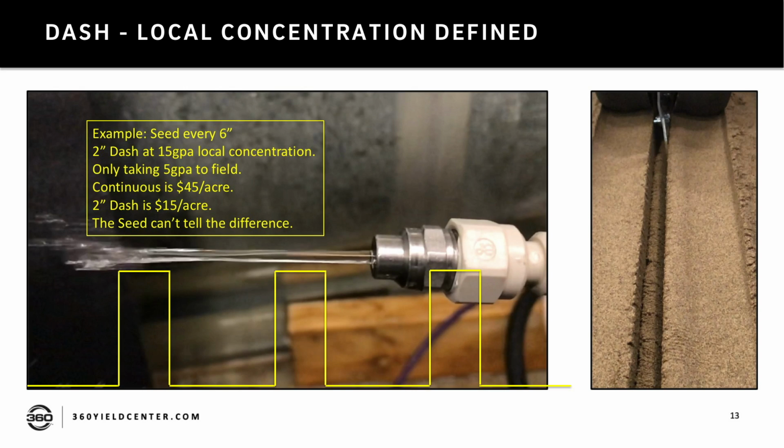We're going to be flowing at a half a gallon a minute during that dash. Then we're going to turn it off for 4 inches and turn it back on for the next seed for 2 inches, turn it off for 4, and turn it back on for 2. So now, instead of delivering 15 gallons to the field, we only deliver 5. And the seed doesn't know the difference.